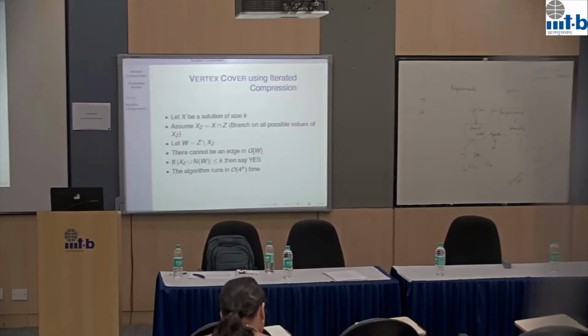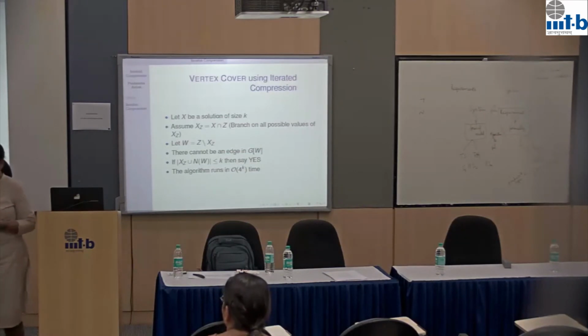But can we start with a part of the instance and find a k plus 1 sized vertex cover for that and then proceed? For example, can you think of a small part of the graph which can be covered using k plus 1 vertices? You have n vertices in the graph.